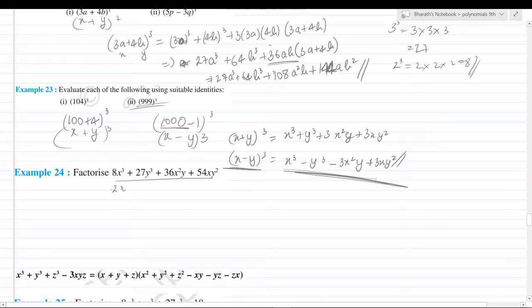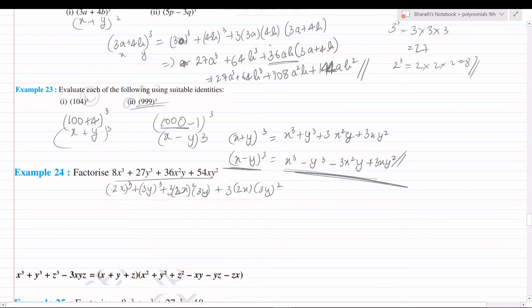2x whole cube. Then what's the cube root of 27? 3. 3y whole cube plus, we can take 3 common. Now it's a square because the square is in x. So it's 2x whole square plus 3 into 3y plus 3 common, 2x 3y whole square.